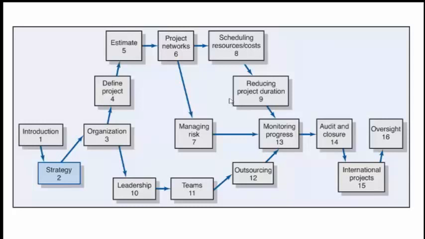Then once you get into monitoring, you complete the project, and then you have the audit and closure of the project. Where you do an audit, again there could be an in-process audit. Suppose you deliver something to the customer, that could be an internal audit where team members review the work and ensure that you deliver the right product.